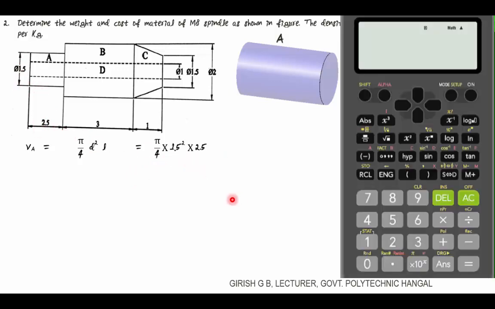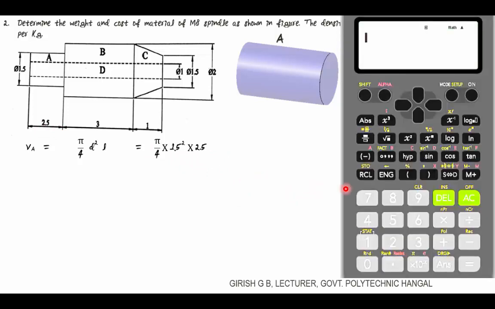Let's calculate the value. Into the bracket, pi divided by 4 bracket close into 1.5 square into 2.5 is equal to, let's store this value to A. The value VA is obtained as 4.4178 cc or centimeter cube. cc is cubic centimeter.